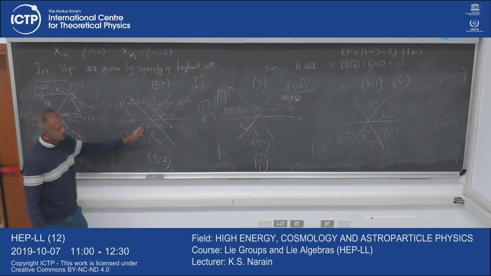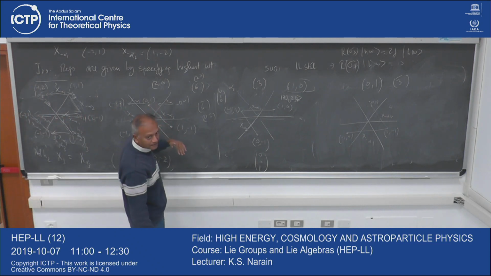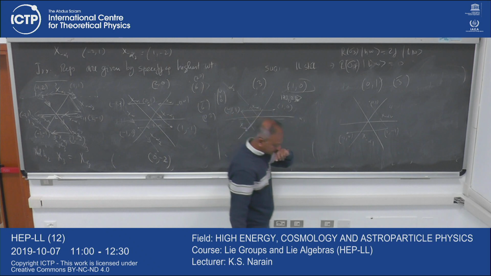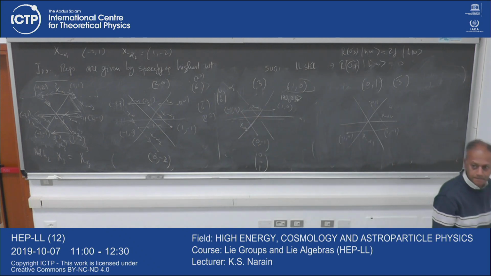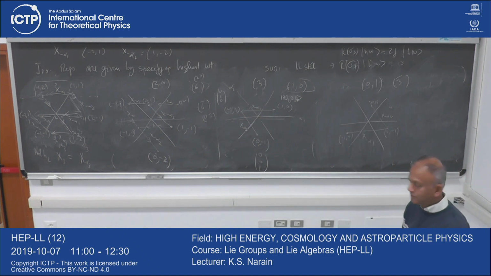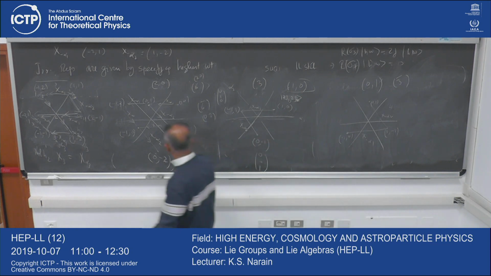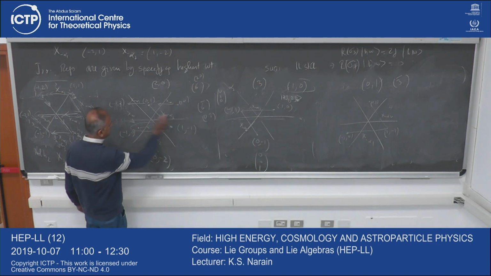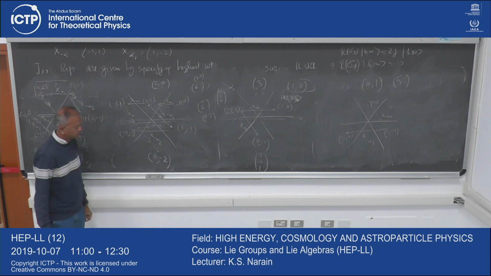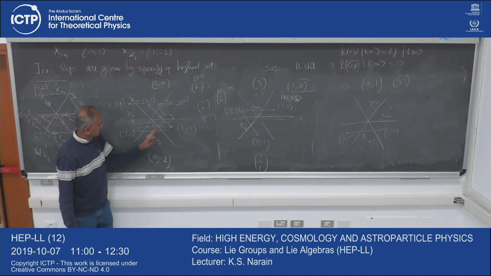But this weight diagram is not. So this will give you another one. This will give you another one. Again, why should the multiplicity be 1? Because if you look at this SU2, the X alpha 2 SU2, this is a spin doublet, right?